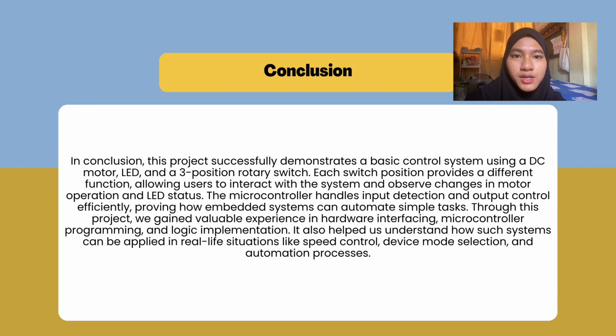The microcontroller handles input detection and output control efficiently, proving how embedded systems can automate simple tasks. Through this project, we gain valuable experience in hardware interfacing, microcontroller programming, and logic implementation. It also helps us understand how such systems can be applied in real-life situations like speed control, device mode selection, and automation processes.